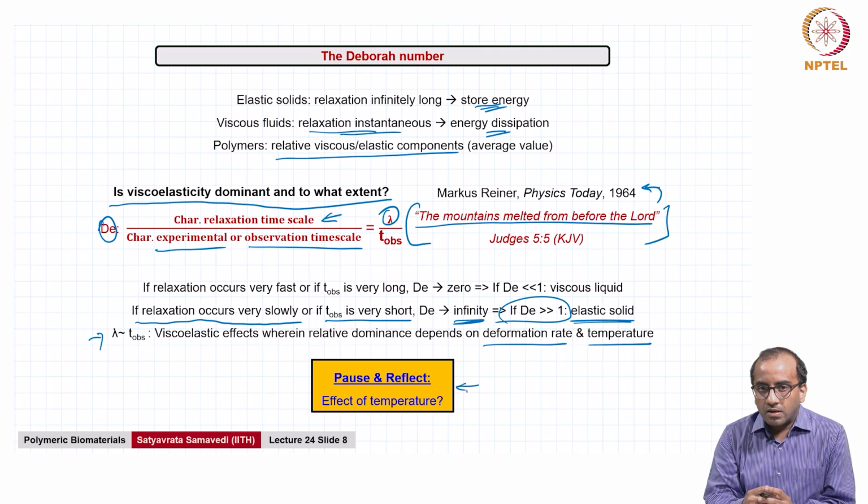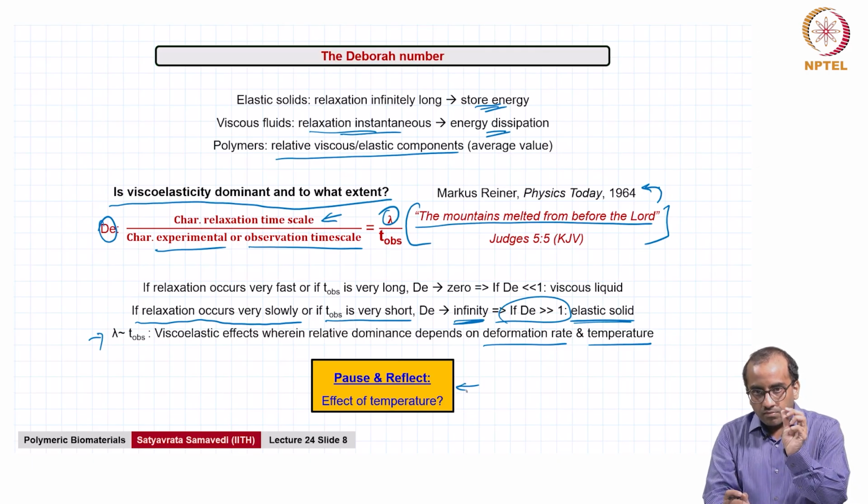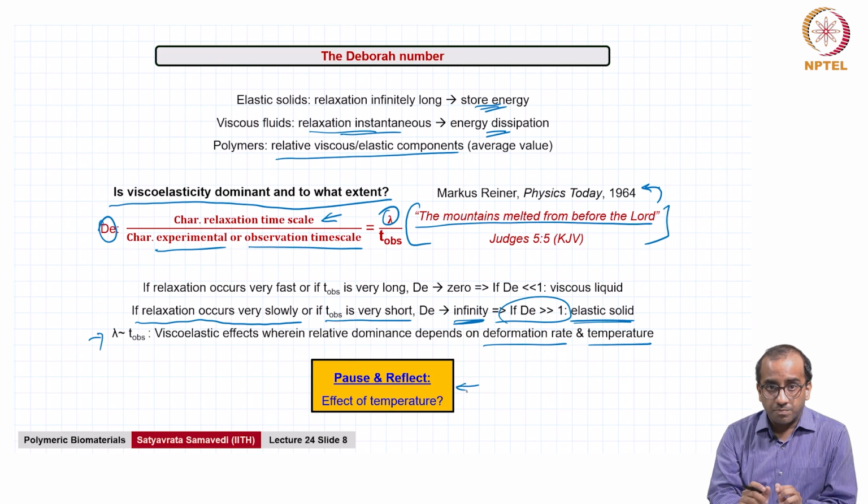One hint I'll give you to think about this is, if you think about either the weight hang experiment from the polymer strip, which we saw for creep, or the rubber band tied around textbooks for stress relaxation, you can now ask, if I conduct those experiments in very cold winter months versus very hot summer months, what kind of differences would I see?